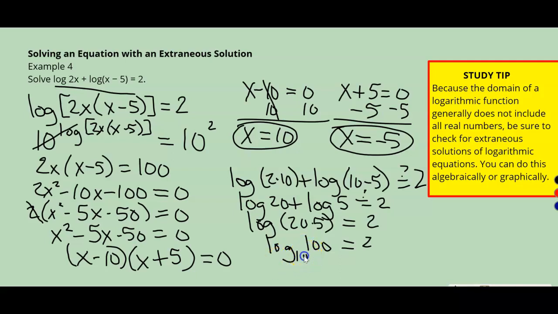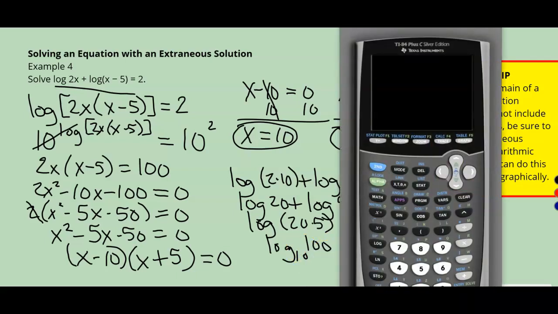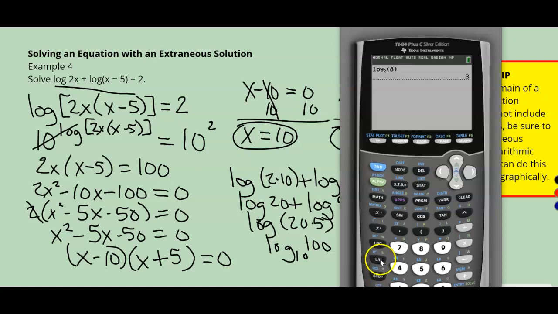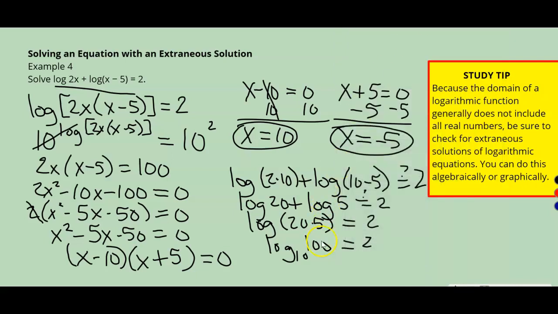So 10 squared equals 100. If you're not as familiar with that, you can always quickly type it in. What is log of 100? 2. So does 2 equal 2? Yes, so that means 10 is a true solution.